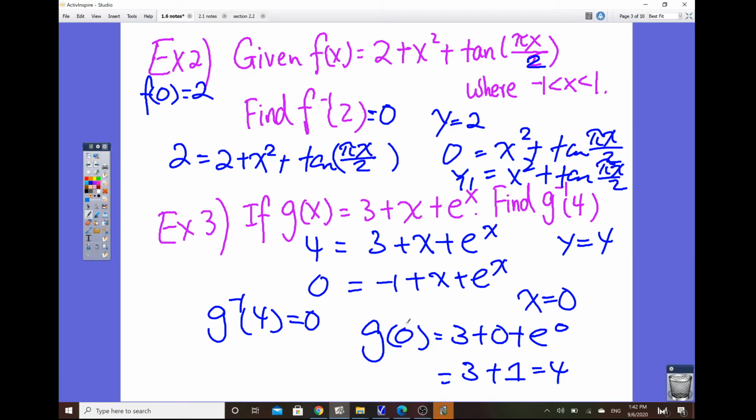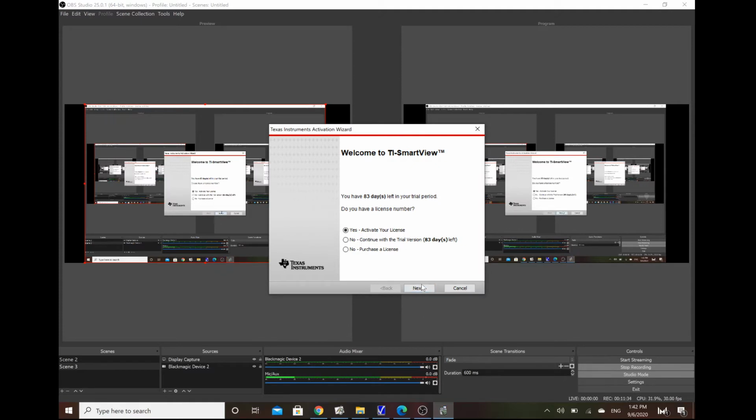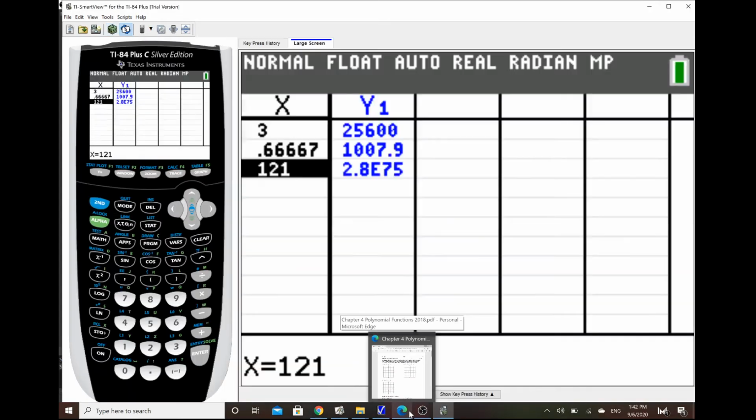And now, for those of you wondering how to put it into the graphing calculator for example 2, again, the function we have is x squared plus tangent of pi x over 2. Okay, let's go back to the normal screen first.